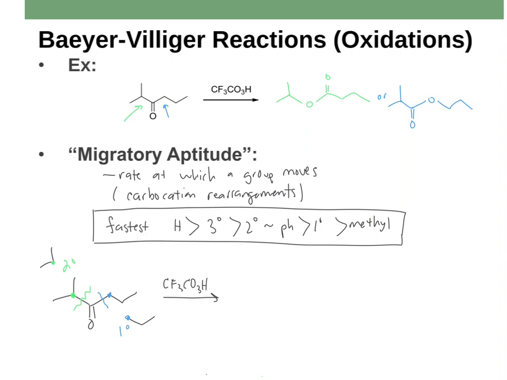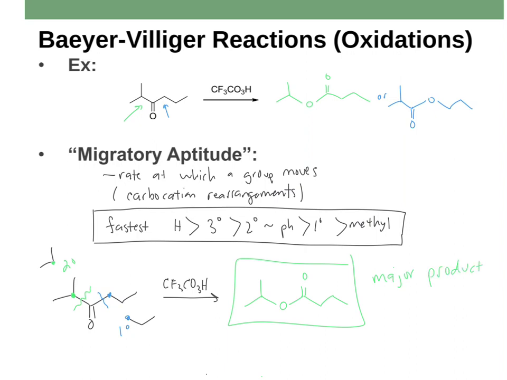So I've got a secondary group and a primary group, and I know from my migratory aptitude that secondary groups move faster than primary groups, which means the correct answer is where I moved the secondary group. So my correct answer should be where I have an O with that isopropyl group on there, and then my carbonyl, and the rest of those 1, 2, 3 carbons. So this would be your major product.